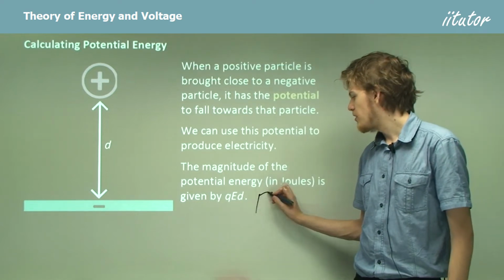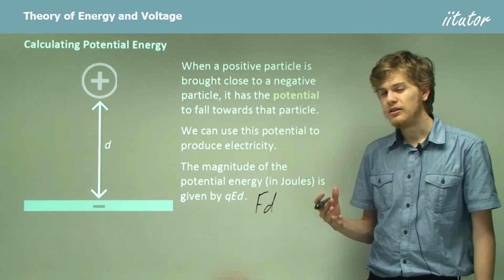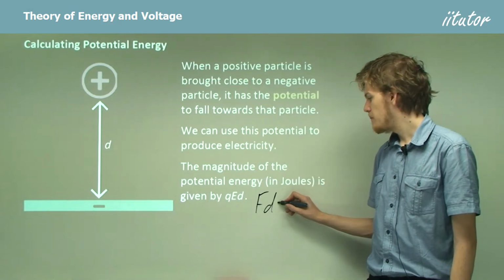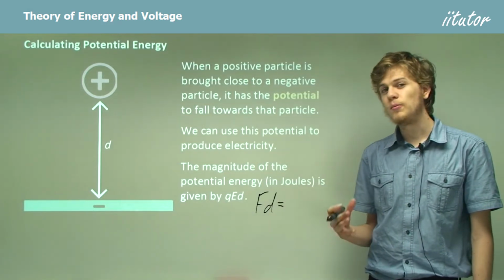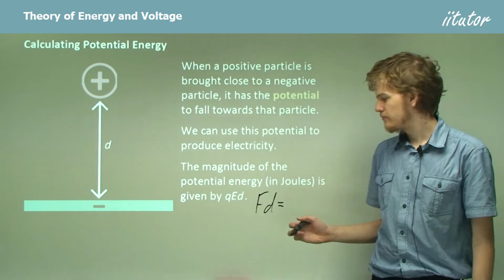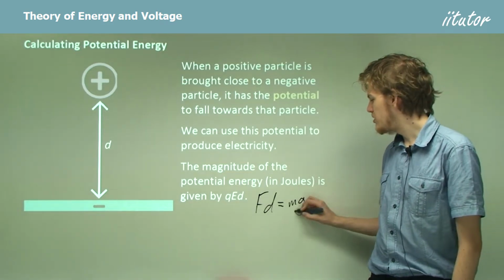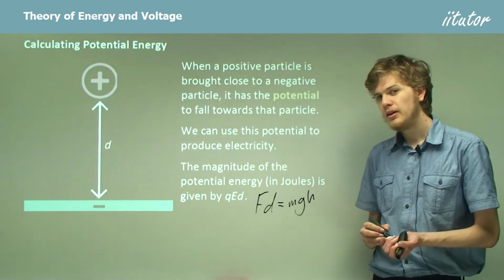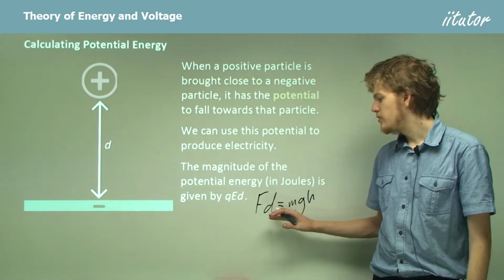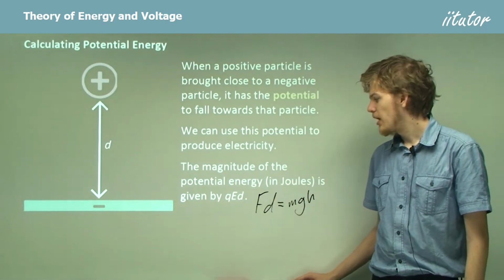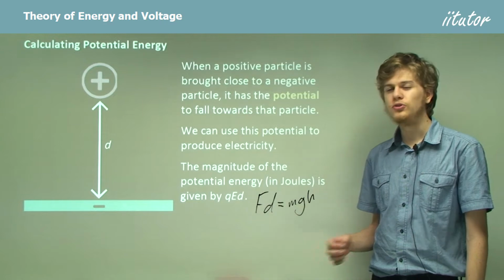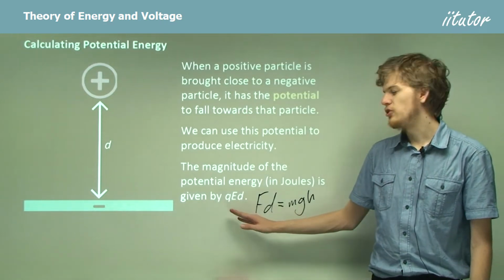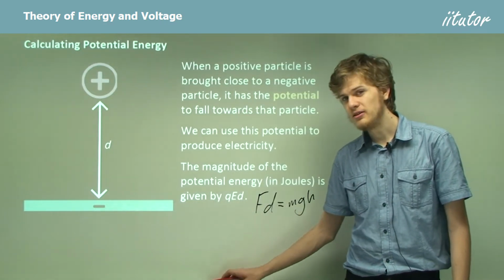Once again, we used F times d, but in gravity, the force is mg, and d is instead represented by h, height. So that'll be mgh. In this case, we're going to leave the distance as d, and the force is going to be the force due to the electric field, which is QE. Make sense?